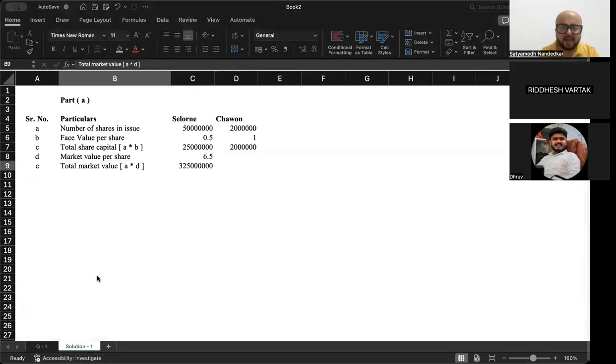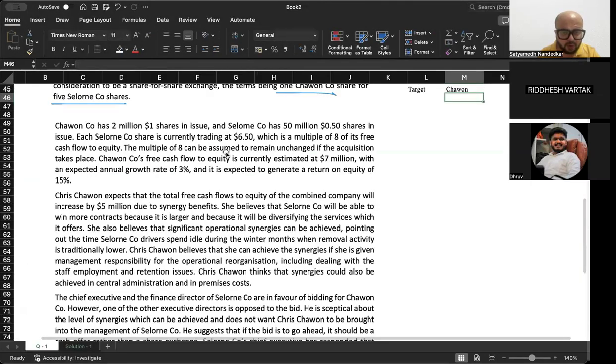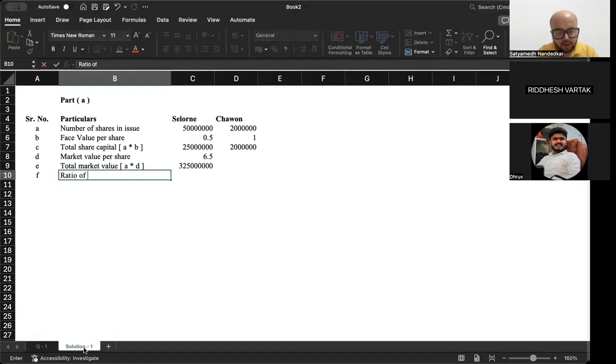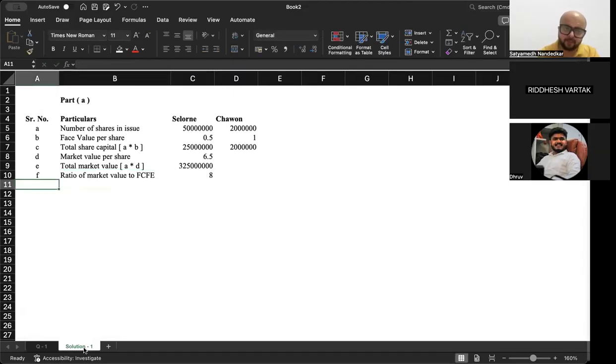What else have they told you? They have told you which is a multiple of 8 of its free cash flow to equity. So market value is 8 times the free cash flow to equity. Okay. So what do we have here? We have ratio of market value to free cash flow to equity, 8.